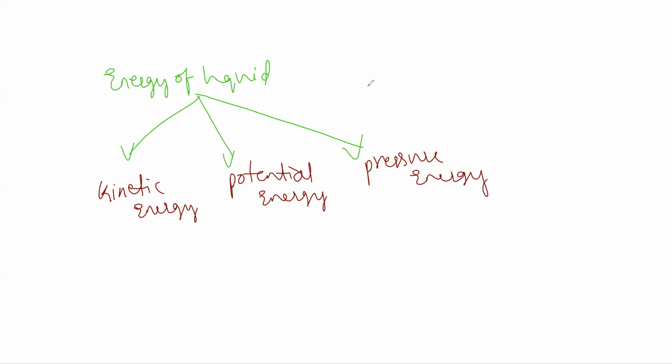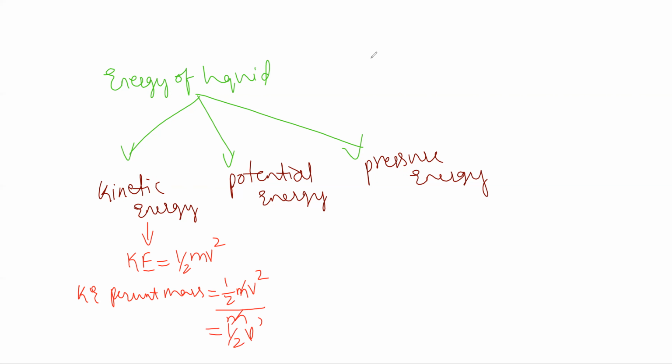So how are we going to define kinetic energy? Kinetic energy is given by the formula KE is equal to half mv square. Kinetic energy per unit mass means divided by m, so this m gets cancelled, and we have the expression for kinetic energy as half v square.